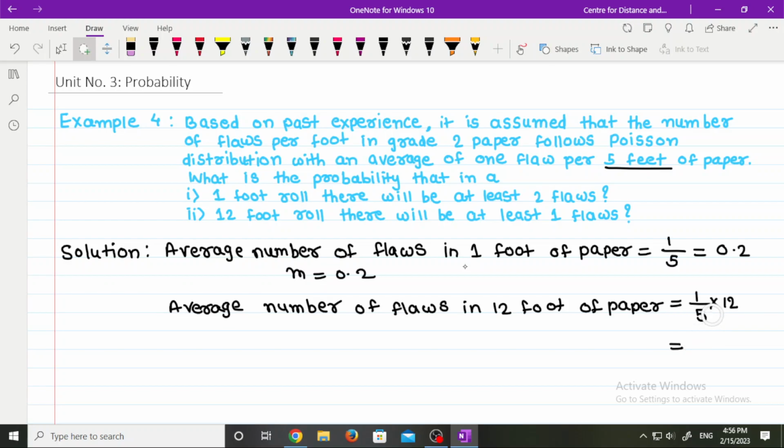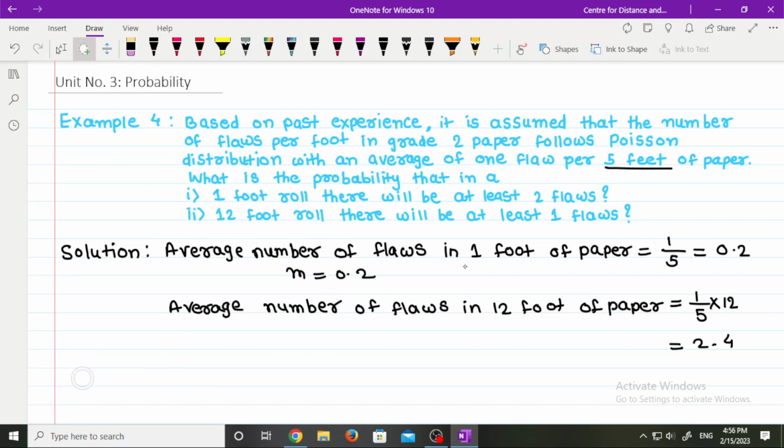We have to calculate 1 by 5 into 12, that is the number of flaws in 12 foot of paper. 1 by 5 into 12 is equal to 2.4. This is also a mean, that is m is equal to 2.4 for the 12-foot roll.